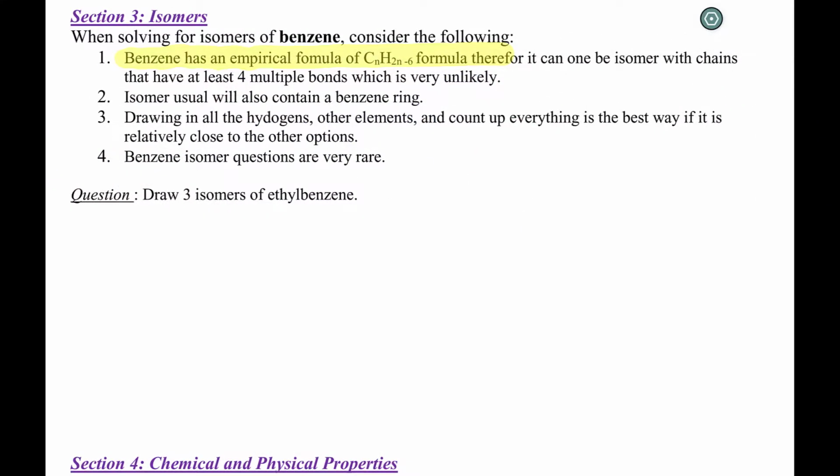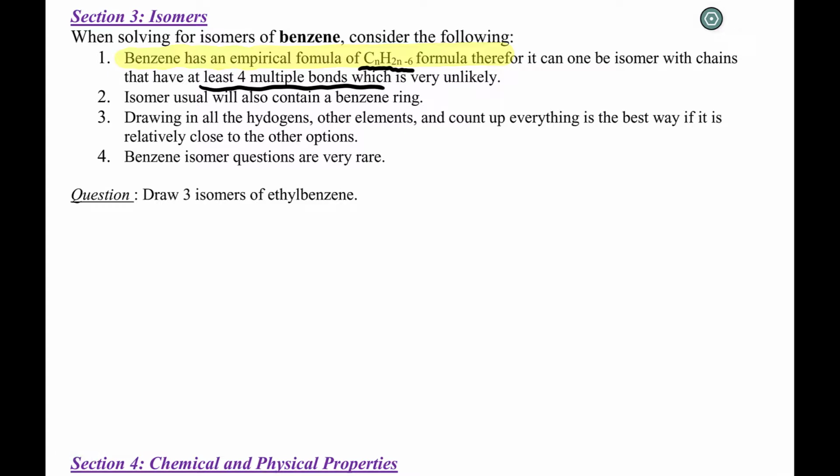In terms of isomers of benzene, it is very difficult to find isomers of benzene unless they can contain benzene itself. Again, the generic formula for benzene is CnH2n minus 6. So it's either an isomer that contains a benzene ring itself, or it would have to have 4 multiple bonds, which is fairly unlikely.